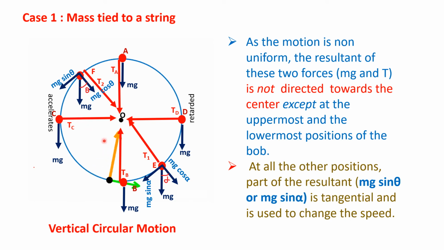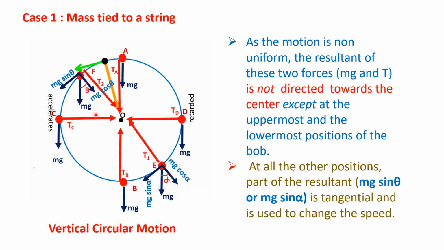So in this way, at all other positions, a part of the resultant, that is mg sin theta or mg sin alpha, is tangential to the vertical circular motion and is used to change the speed of the motion.